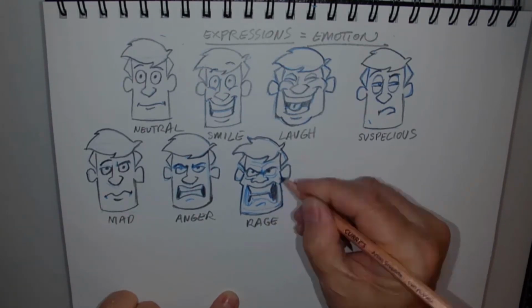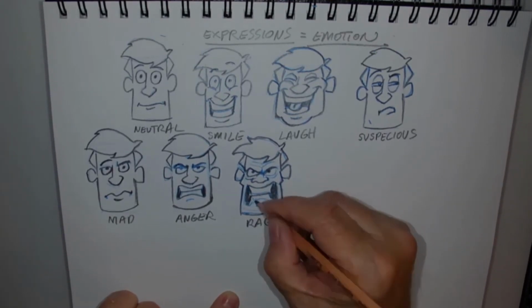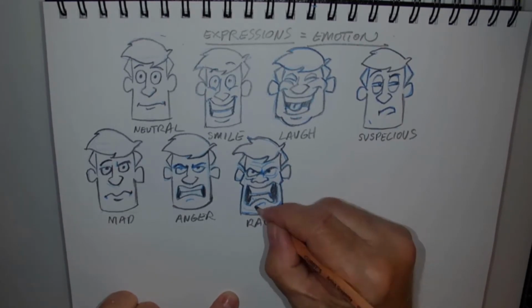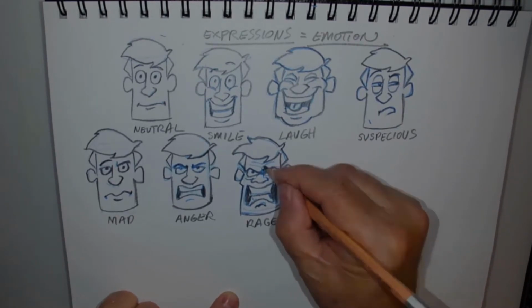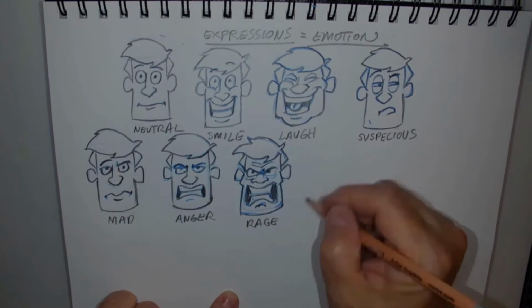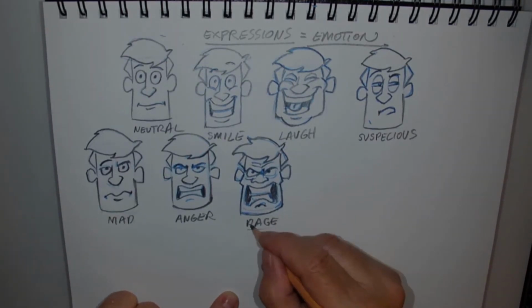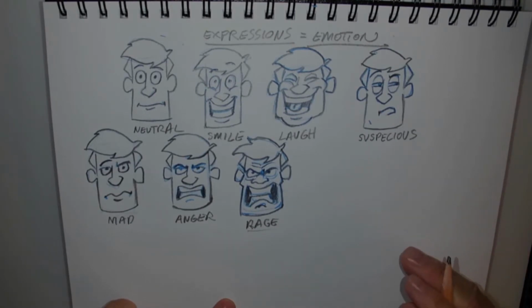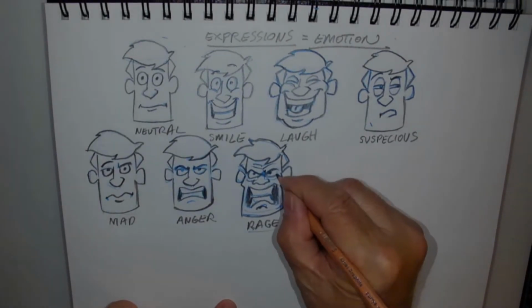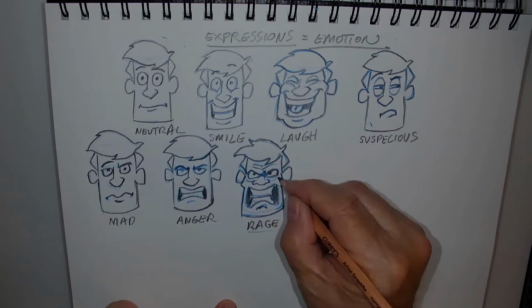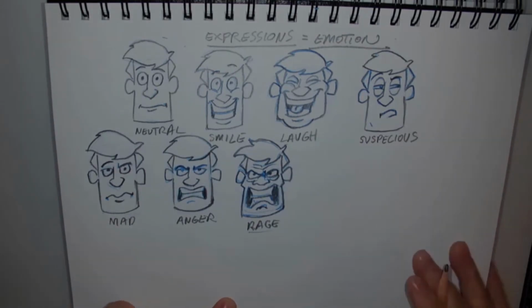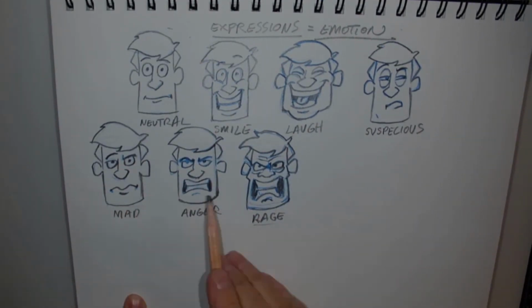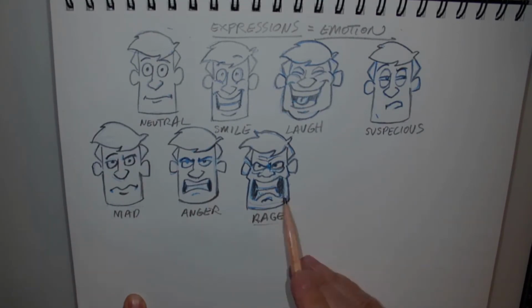But if you're ever doing character design and working from somebody's script, you've got to look at what words are being used in the script and make sure the character is expressing those same emotions. So there we go. Hopefully we see a development here of mad, anger, rage.